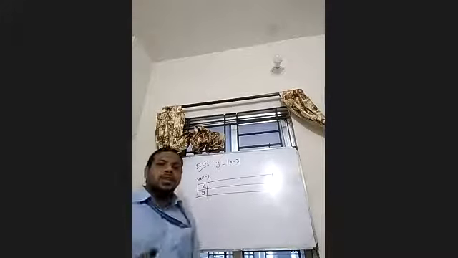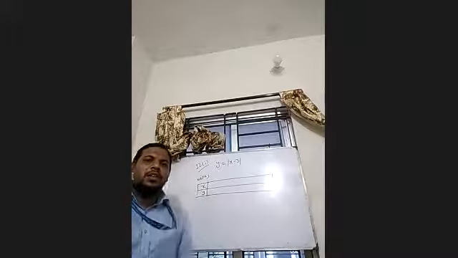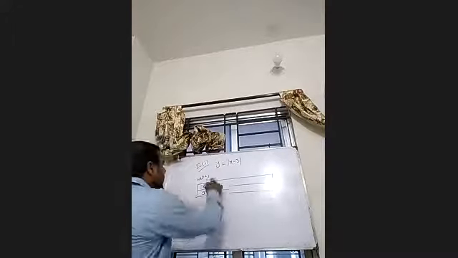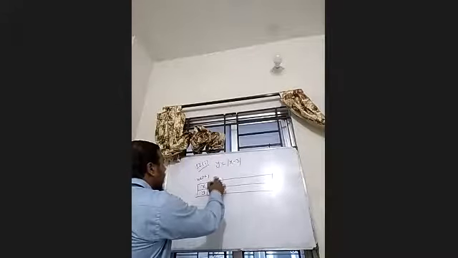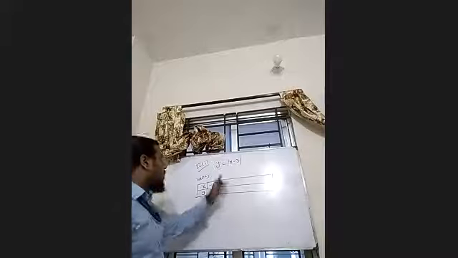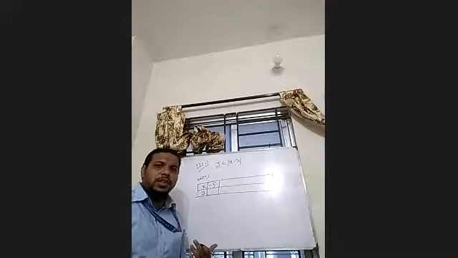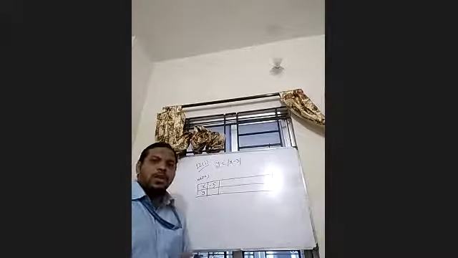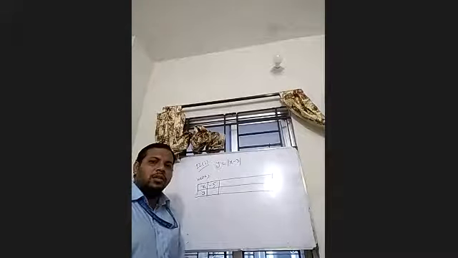Yes, you are considering some values of x and finding out the values of y. So say for example, the value of x is minus 5. So what will be the absolute value of x minus 3? Can you tell me, Samin? Yes, sir.